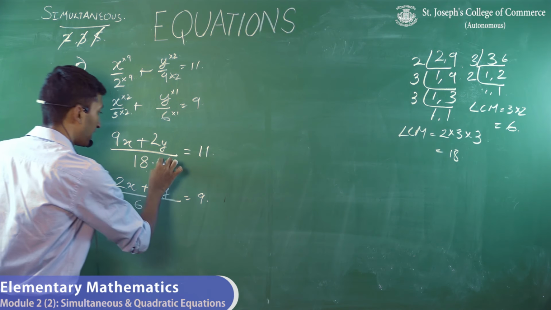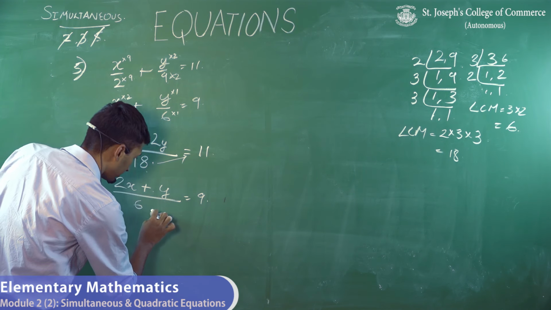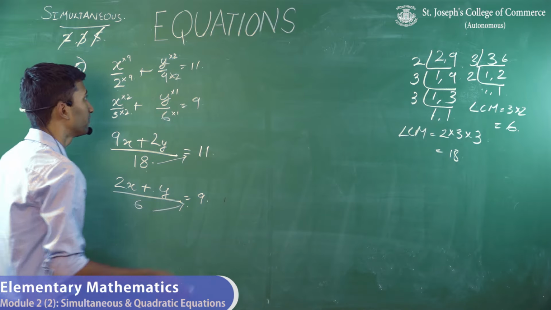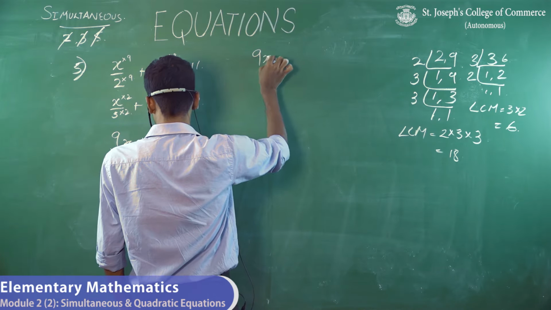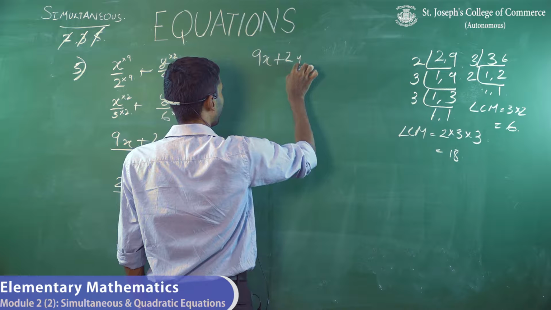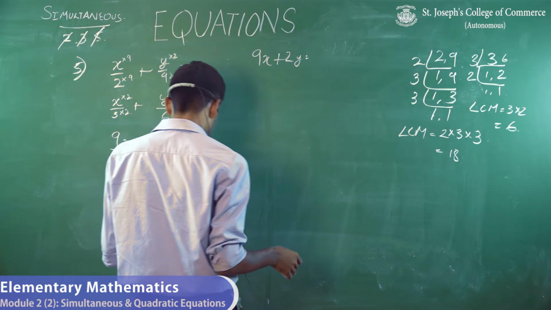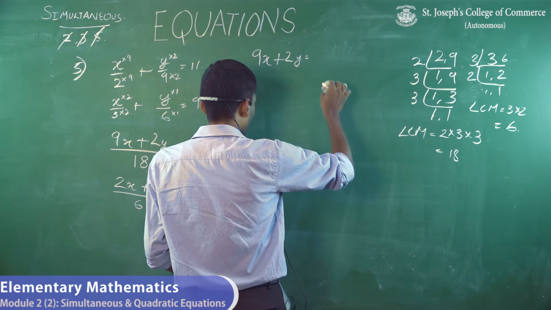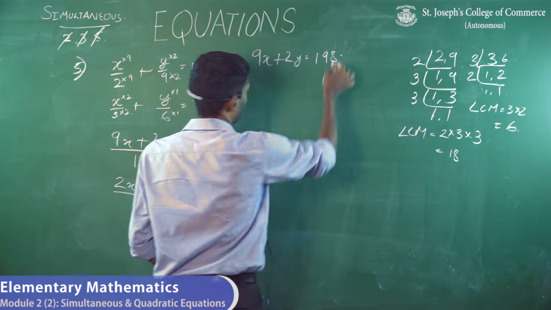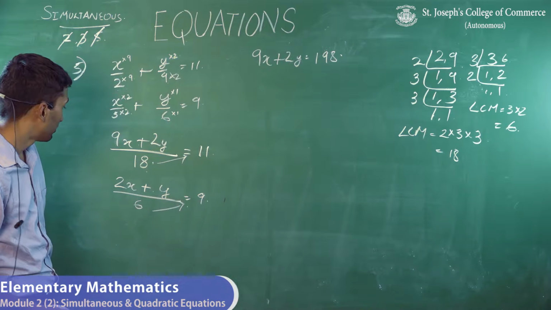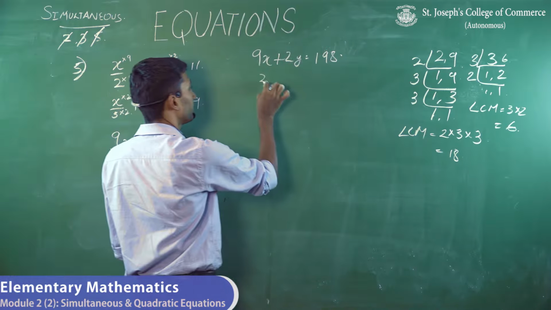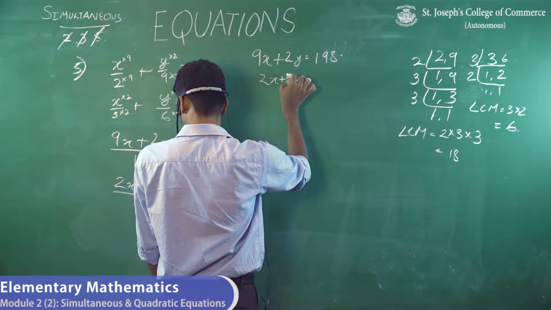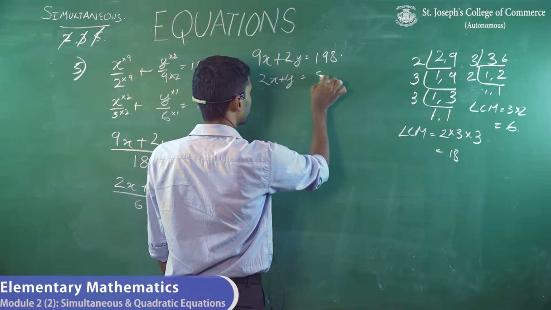So now take 18 on that side and 6 on that side. It would give me 9x plus 2y is equal to 18 into 11, which is 198, and 2x plus y is equal to 54.